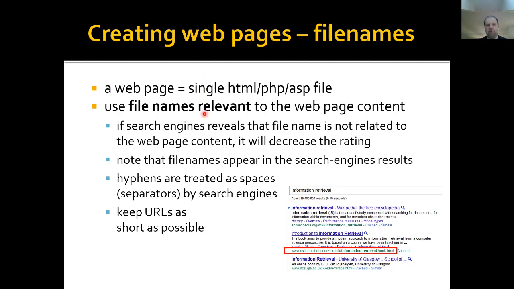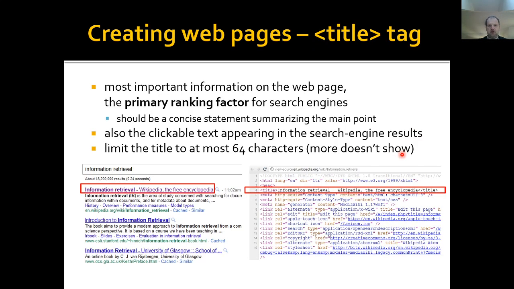So that's a really important aspect of optimization, to really optimize even the file name itself. In this case, it's the second place, of course. But on the first place, there is also information retrieval in the file name. Yeah, there are some technical conventions, like the hyphens are spaces, but it's not really important.